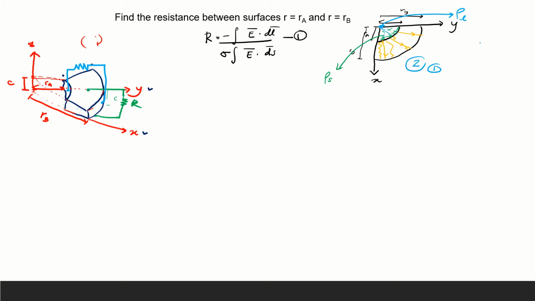Since the line charge lies along the z-axis, we can say that this line charge has infinite length. So when the line charge has infinite length, we can use Gauss's law: E equals rho L over 2 pi epsilon naught R, in the R direction.